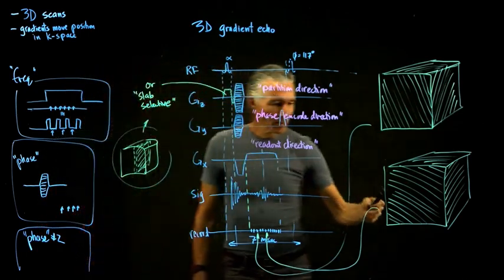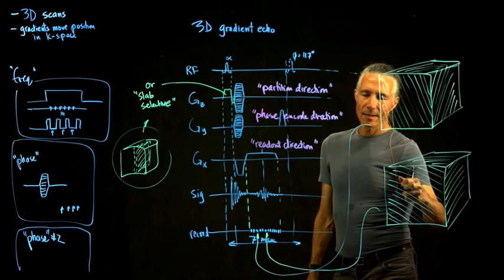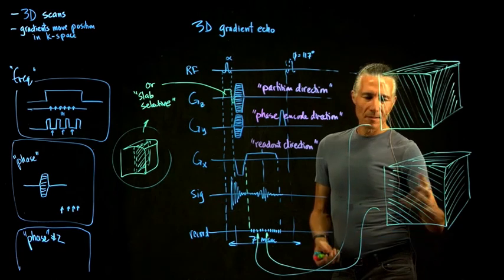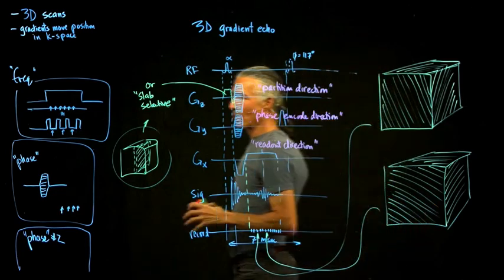In this case, we're hitting the entire brain every single time, so we get a lot more signal because every single data point contains information about the entire brain.